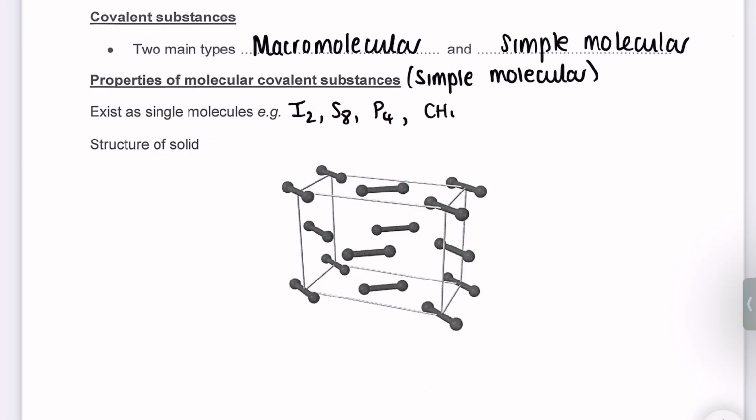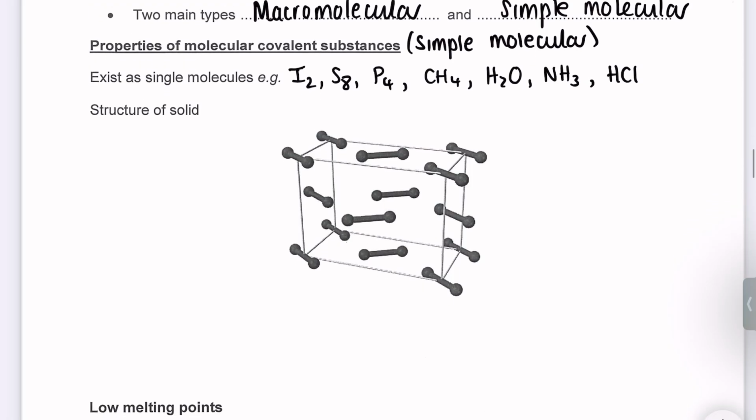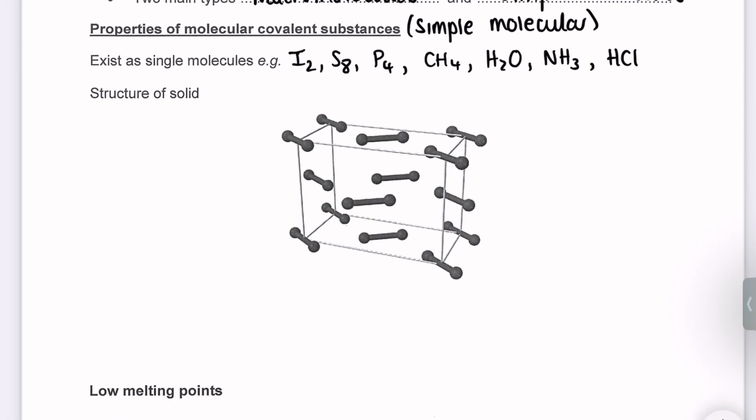Things like methane, water, ammonia, HCl gas. These are simple molecular substances, so their structure is simple molecular.